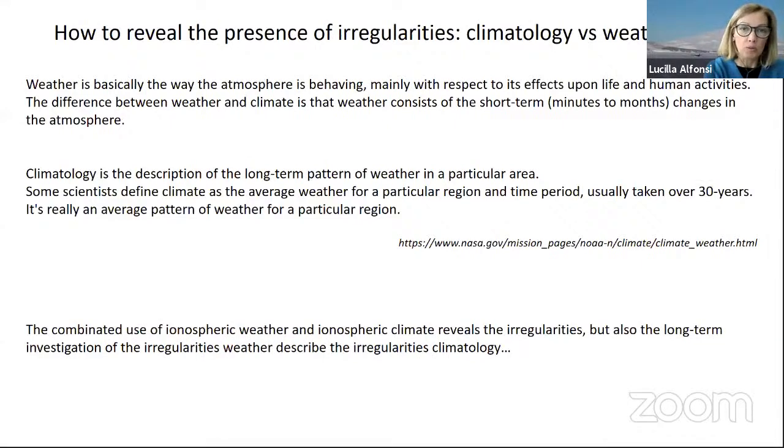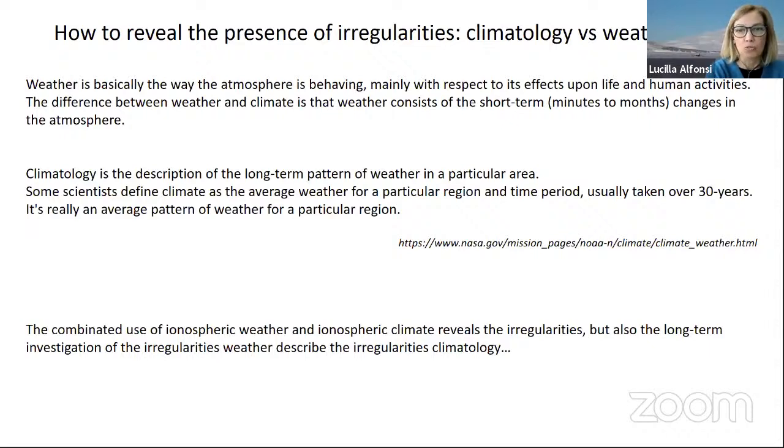So what we have done in the past years, and we are still ongoing on this path, is to use a combined approach of climatology versus weather, in the sense that we use the climatological assessment to understand on long-term scales.